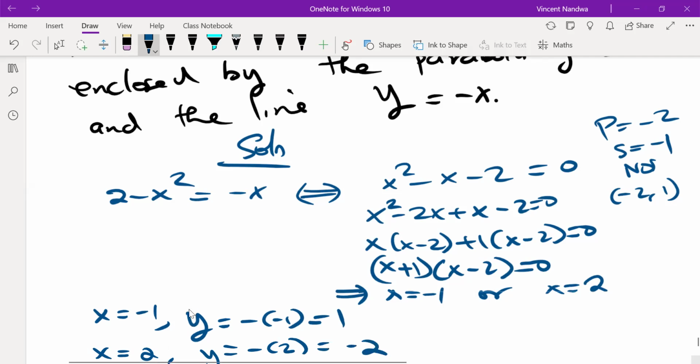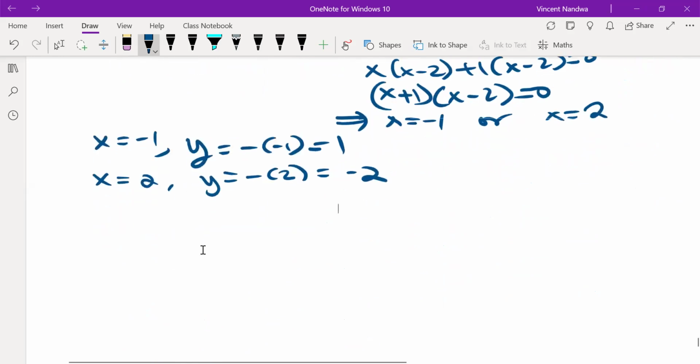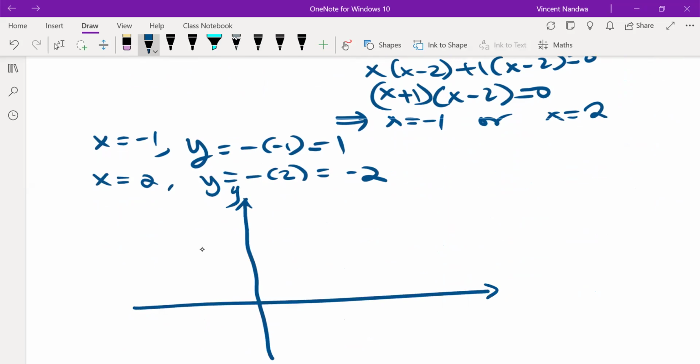So now we can sketch the two graphs to know which one is on top of the other. So this is the y-axis. This is the x-axis, 0.